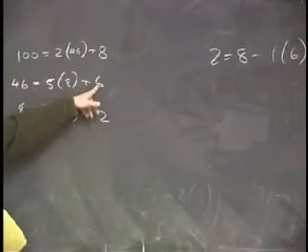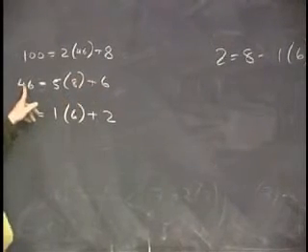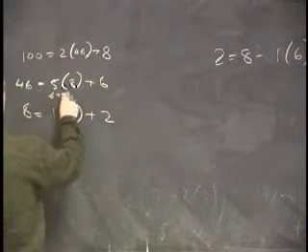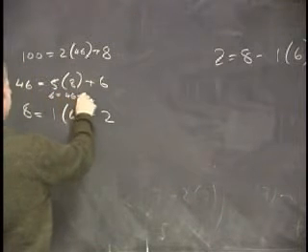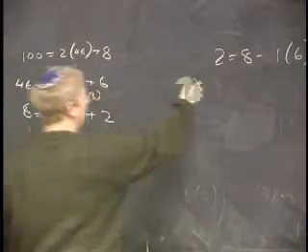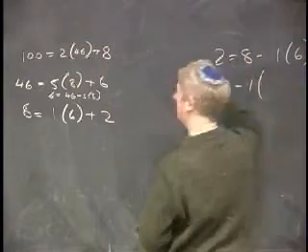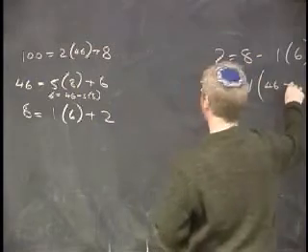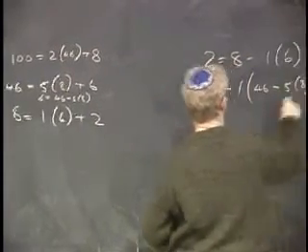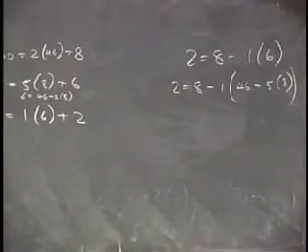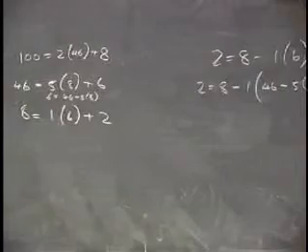So we substitute in place of the 6 a combination of 8s and 46s. 6 equals 46 minus 5 times 8. So this becomes 2 equals 8 minus 1 times 46 minus 5 times 8. Did I do everything right so far?